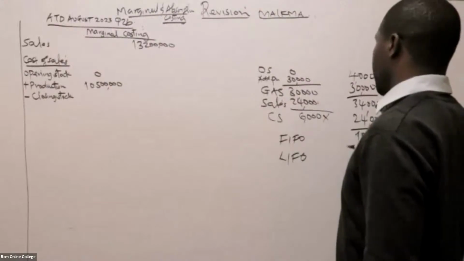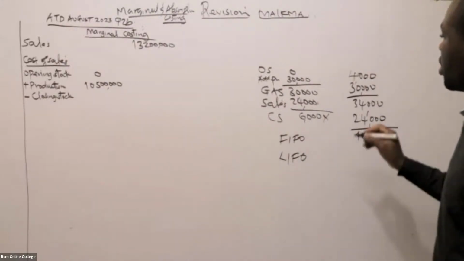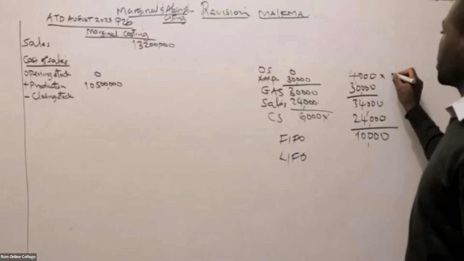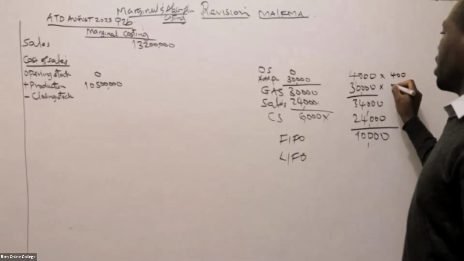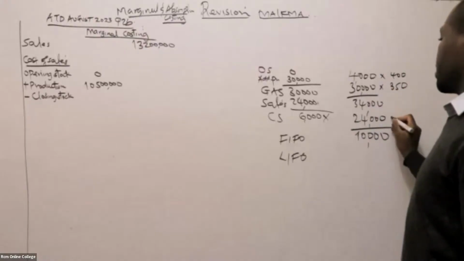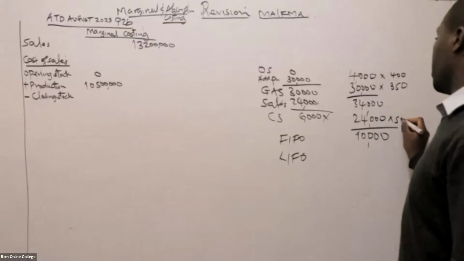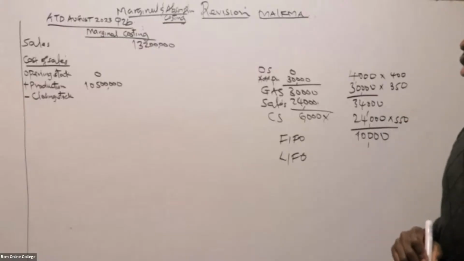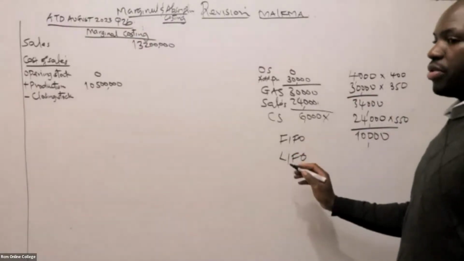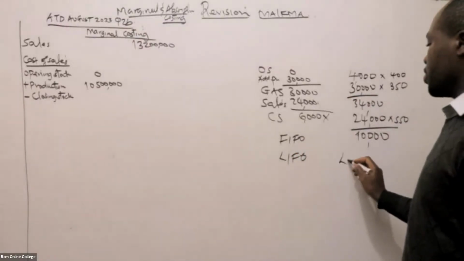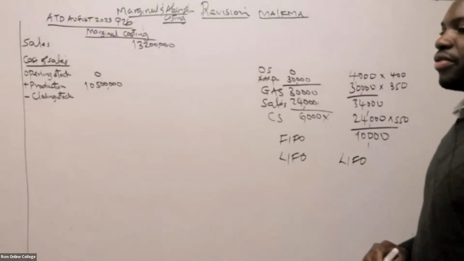Then we now come and complicate things and tell you, you know what? This opening stock was brought in at 400. Then we tell you what was produced during the year was produced at 350. Then the sales, you sold them, of course, at 550. Now we complicate these things by just giving one additional piece of information. We tell you the company is using what we call LIFO, last in, first out.